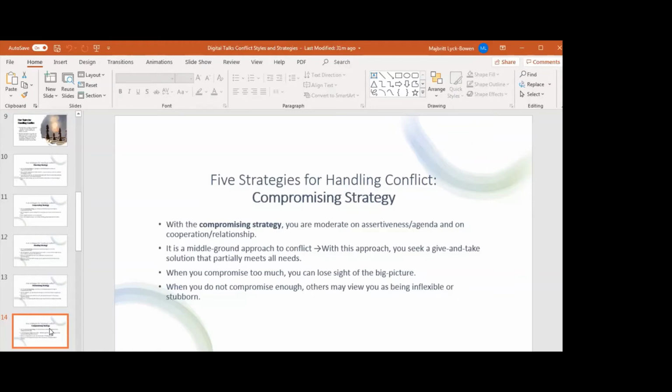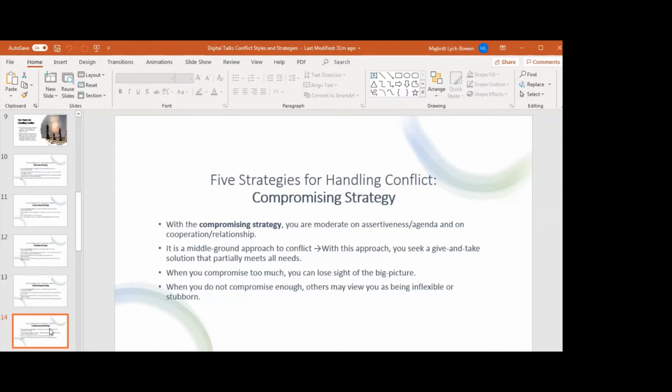The problem with that is that sometimes you can compromise too much and lose sight of the bigger picture. So for example, it could be a strategic meeting in your organization, and you know that you're right on one point. You wholeheartedly believe that this is really the best way.